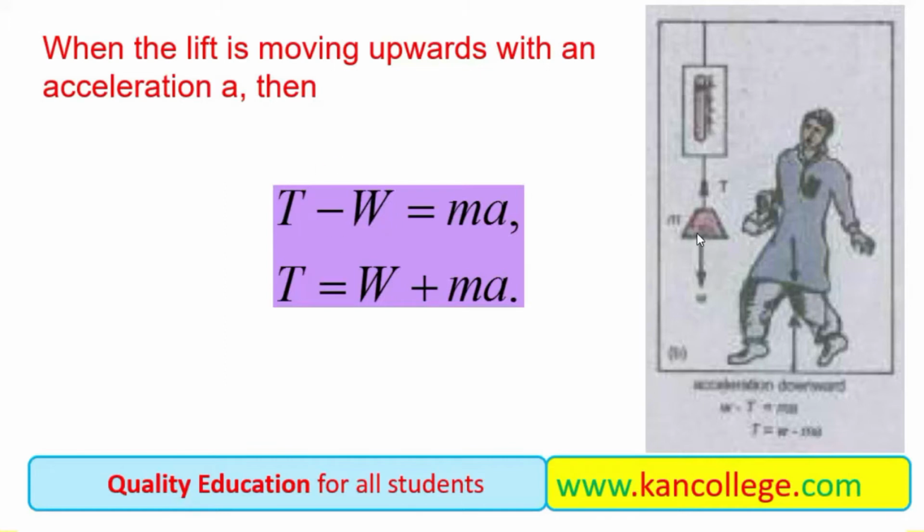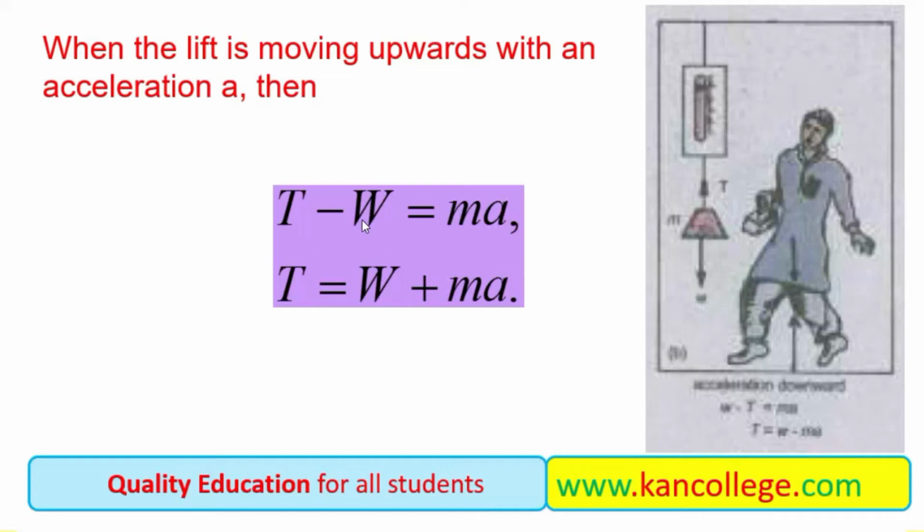As the body is moving in the upward direction, it means the force of tension is more as compared to the force of weight, as the mass m is moving upward. It means the ceiling is moving upward and ultimately applies a tension force on the mass which is greater than the weight force.